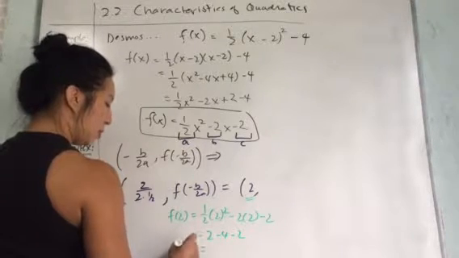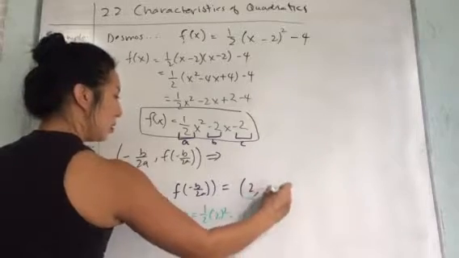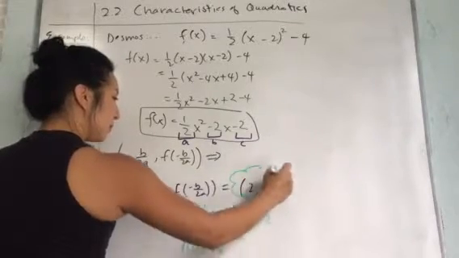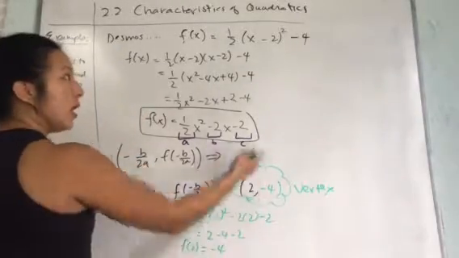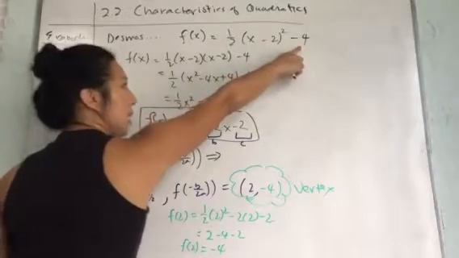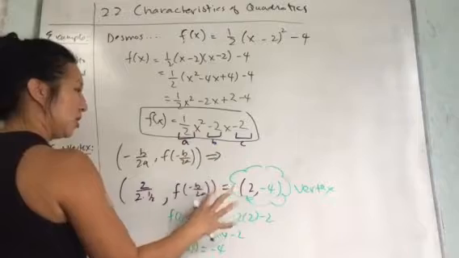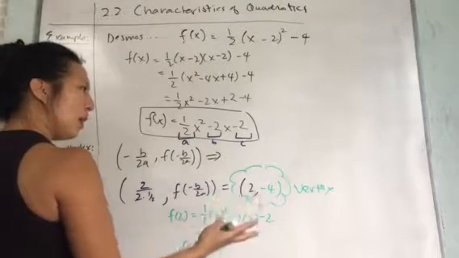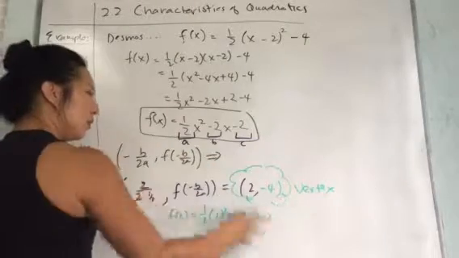So my f of 2 is negative 4. So my vertex matches what I originally got when I just picked it out. Remember, when I picked h and k, it's 2 comma negative 4. Well, I confirmed it by doing this calculation. So this is one example that supports the table of information I gave you.